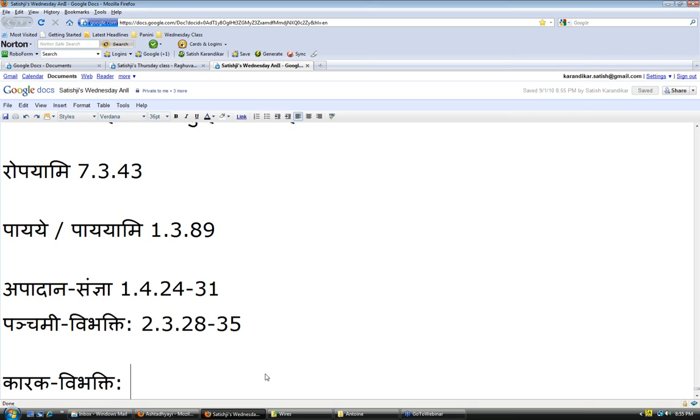So for Karaka Vibhakti, first you assign the Karaka label, whatever the sanjna might be. Karaka means the Karma sanjna and so on, given in 1.4 using 1.4.23 onwards.